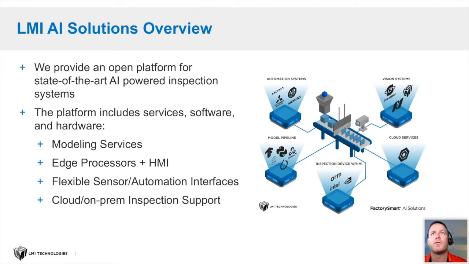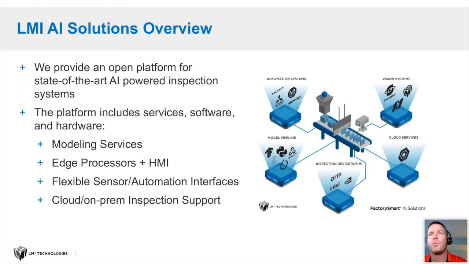We do things like gathering data, labeling the data, doing model pipeline design, training, validation, and then optimization for a hardware platform. So for some customers that don't have the resources on their team to do this work, we do provide model pipeline development as a service.